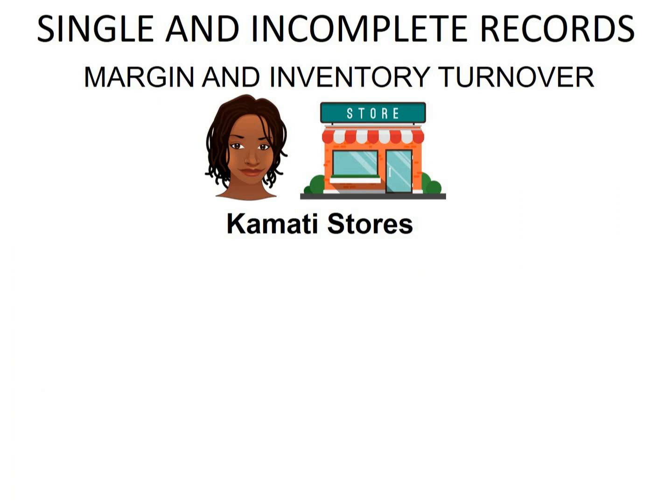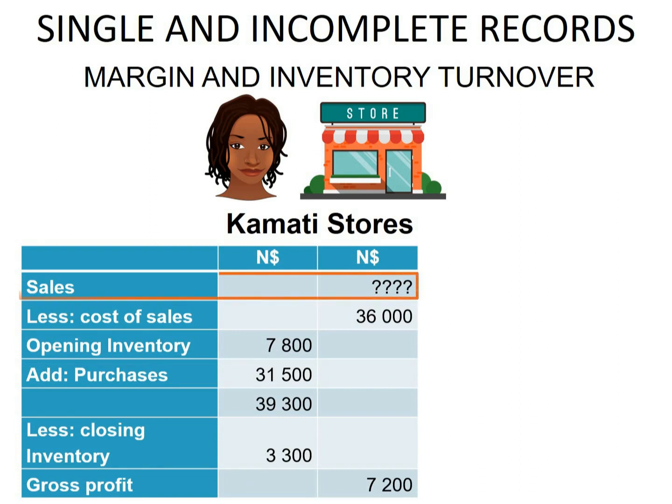The last amount that's left to calculate is our sales, and this one should be relatively straightforward. What you need to do here is say what, which is sales, less our cost of sales, will give us our gross profit of 7,200. And again, you can just rearrange this formula.